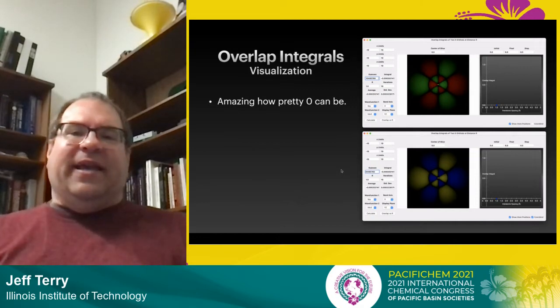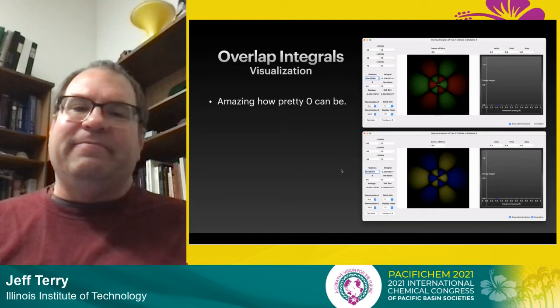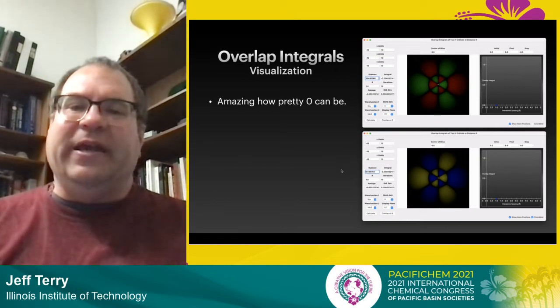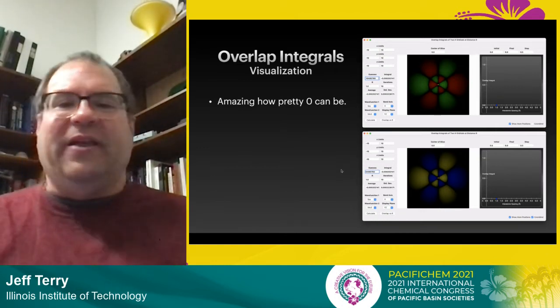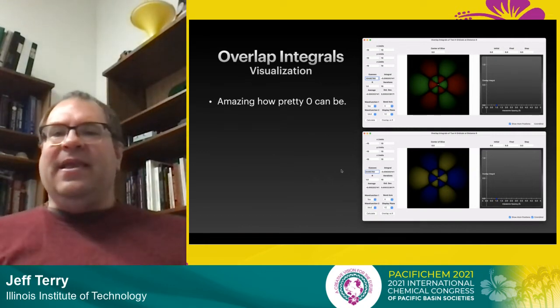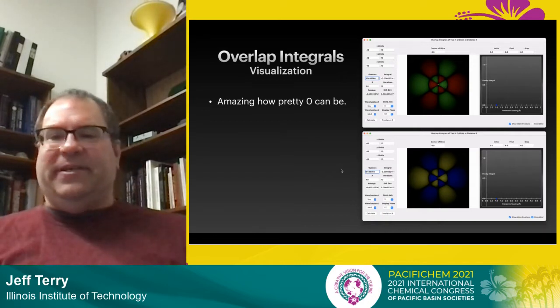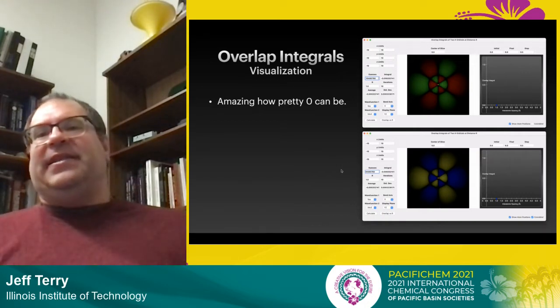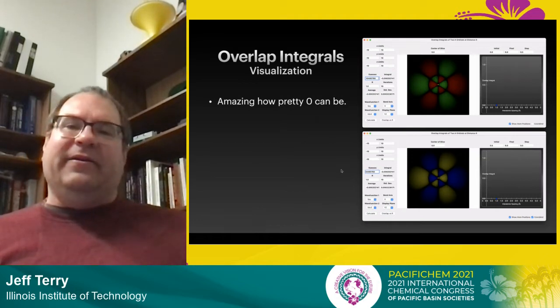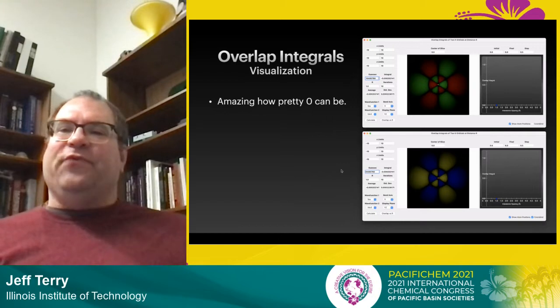And then you can just get incredibly interesting results by mixing some of the n equals 3 level orbitals. Here's the 3py and the 3dz squared. Again, it's very easy to tell why this is going to be 0 when you look at it, because the areas of green completely match the areas of red.